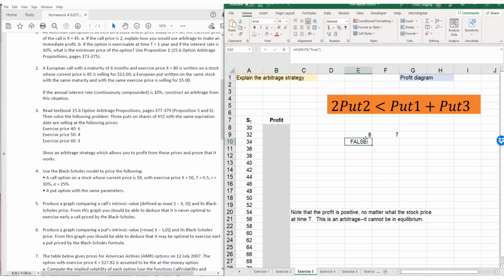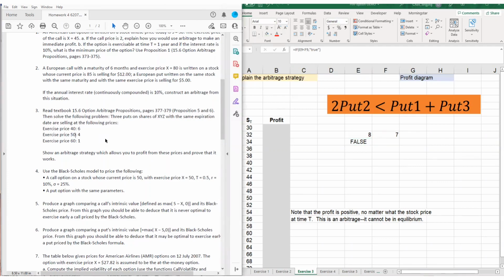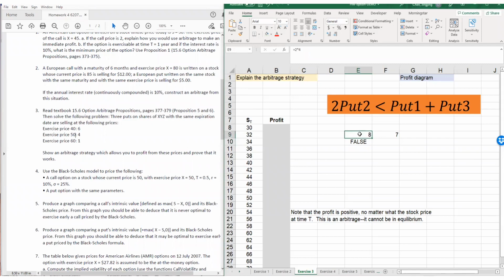Okay, so it shows that proposition 6 is violated since if you buy two contracts of put 2, with the exercise price equal to $50, you need to pay $8. And if you buy one put 1 and one put 3, you need to pay $7, and $7 is not larger than 8, so this proposition is violated.